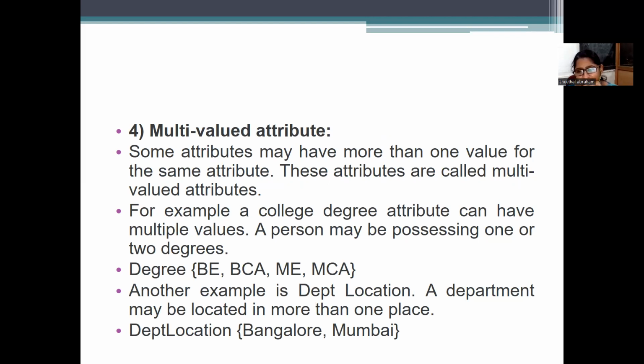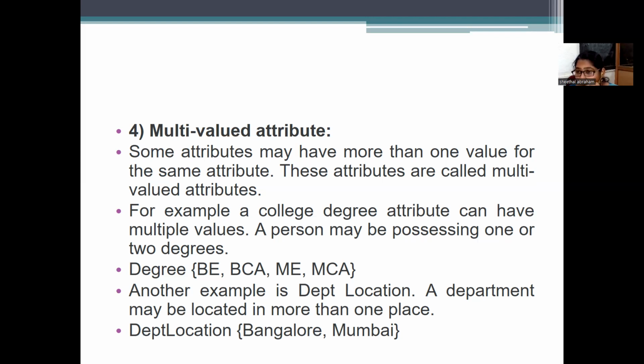A person can have multiple degrees; a person may possess one or more degrees. In the case of the degree attribute, we can say the person has a BE degree, BCA, ME, MCA. That can be there. So degree is a multi-valued attribute.